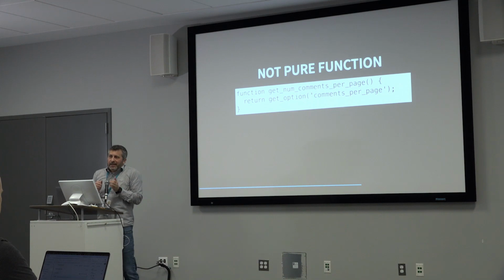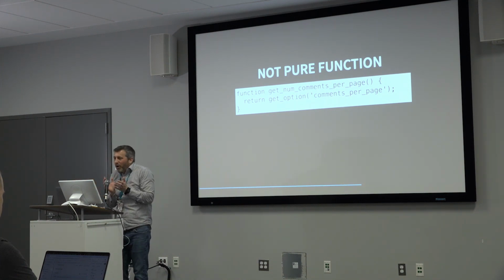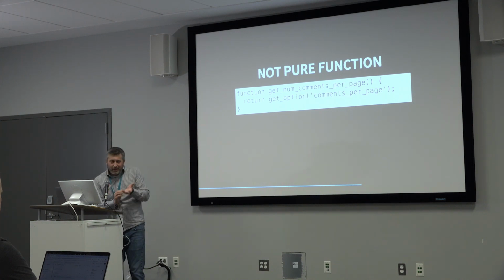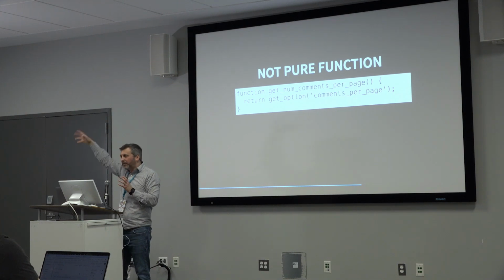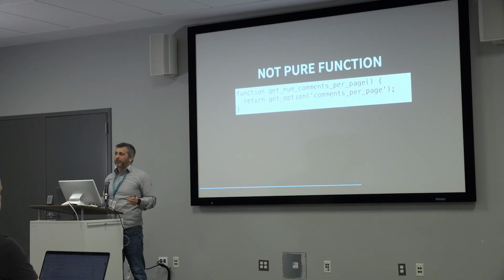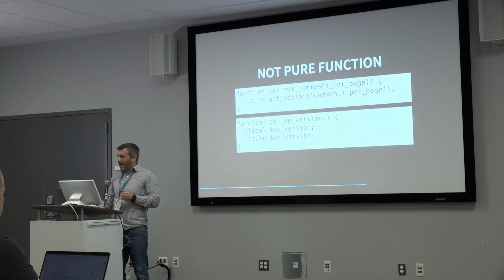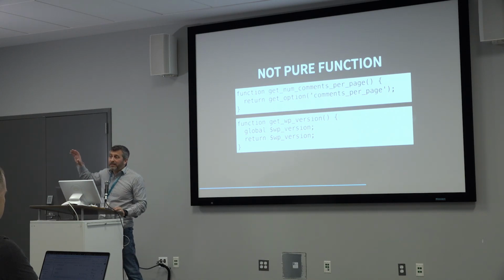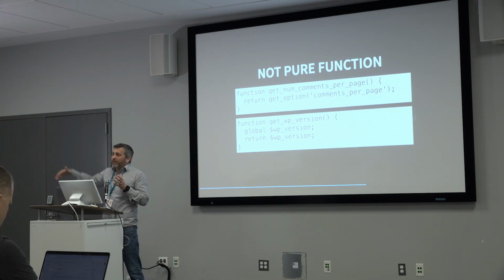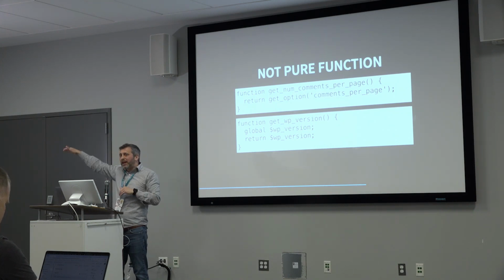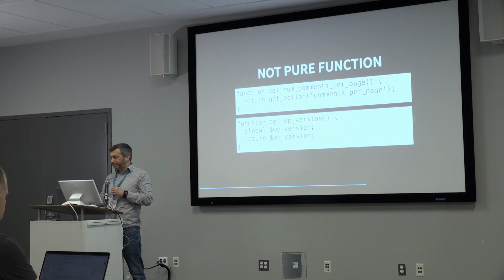A pure function is this member of your team who sits there and doesn't do anything until you hand them something, and then always does exactly the same thing and hands it back. Right? In this case, though, we pull a value from outside, out of our scope, and return it. Not a pure function. Get WP version. In this case, we are grabbing the global WP version variable. Again, outside of our function, looking past those blinders, not a pure function.